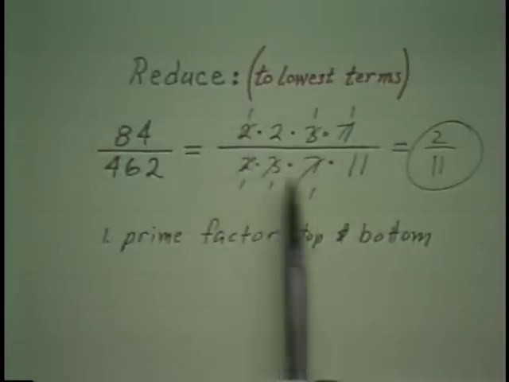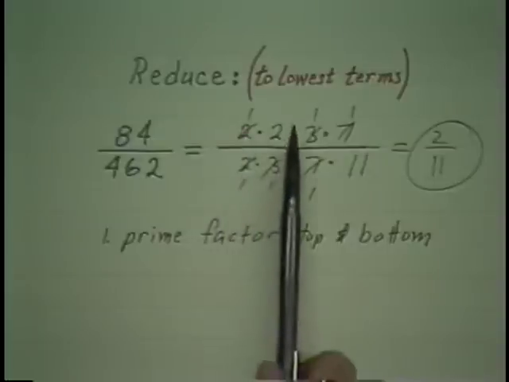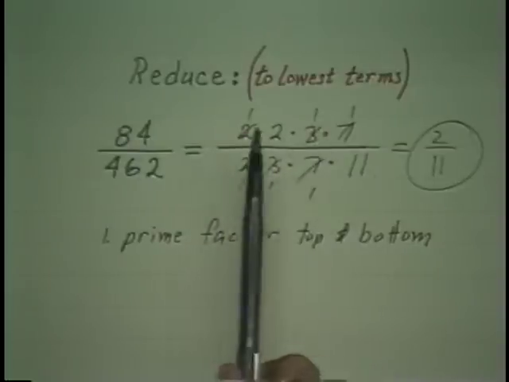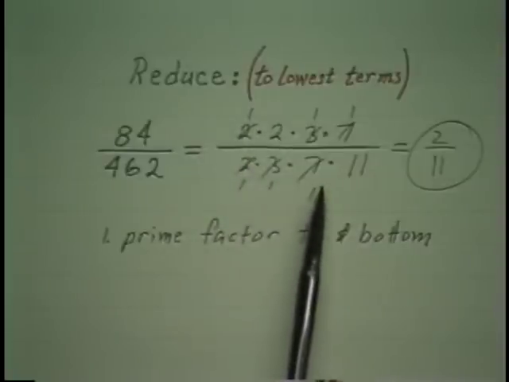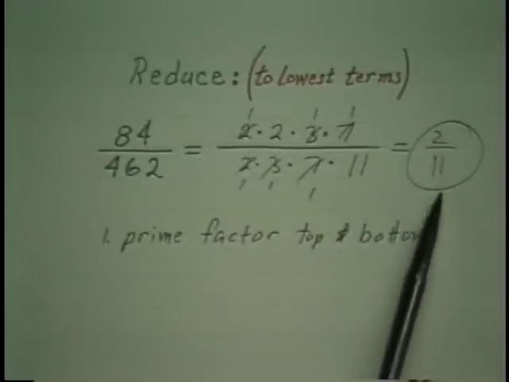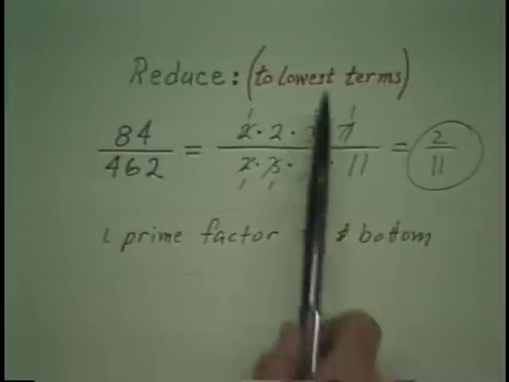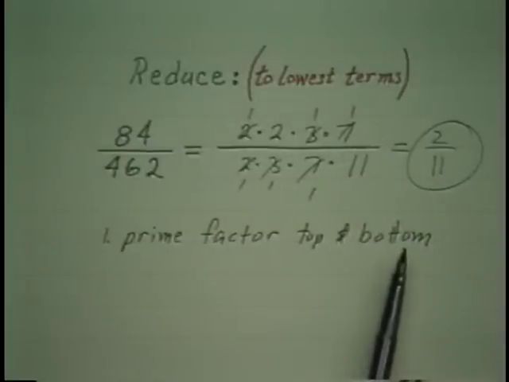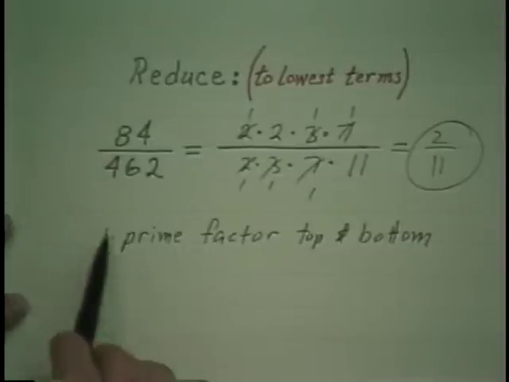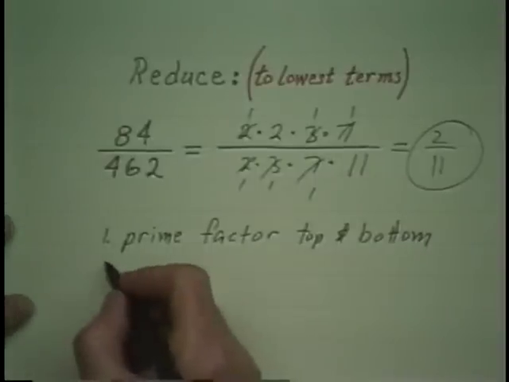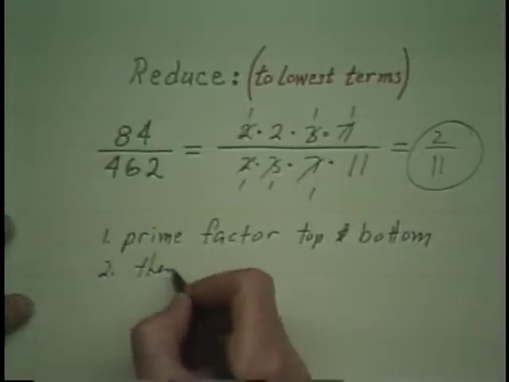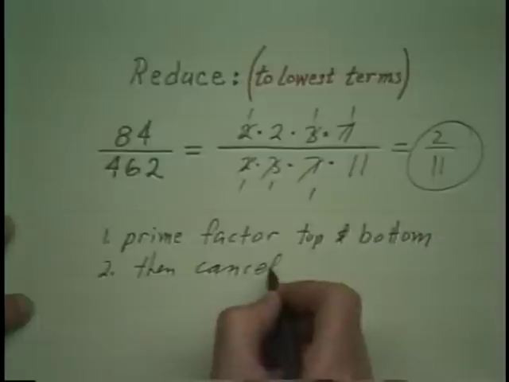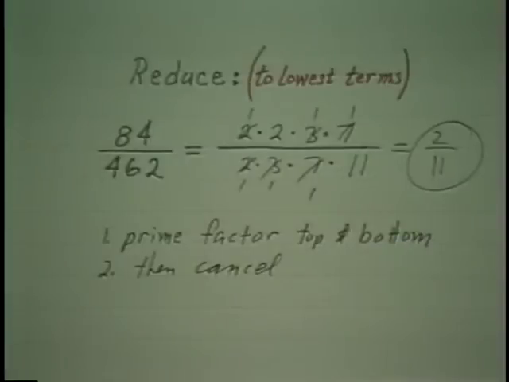But by prime factoring first and canceling like factors, which is really a division, we know that we have reduced to lowest term. This prime factoring is a very useful device. So first, always prime factor, then do what many books call canceling.